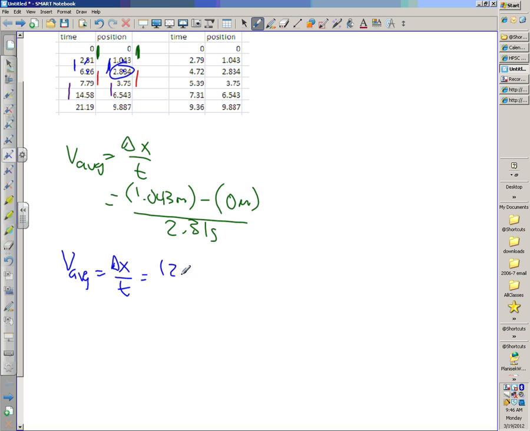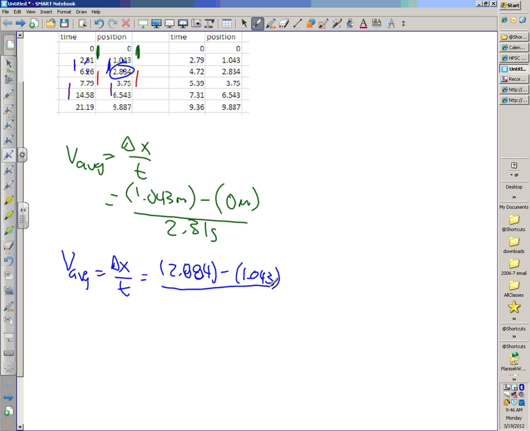So you go 2.884 minus the initial position, because we just want to know the displacement during that interval. Its initial position there was 1.043. So that's going to be your displacement. Where does it end versus where does it start during that interval? So if it were your entire trip, it should have just been 9.887 minus 0. That would be for the entire trip.